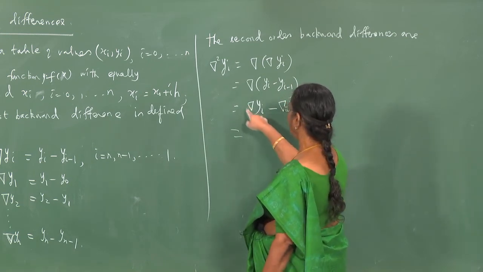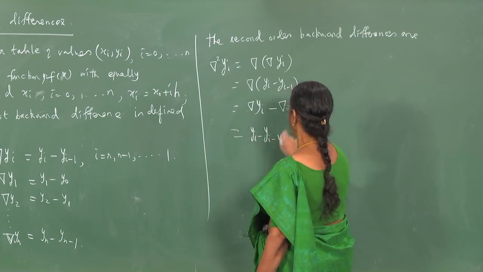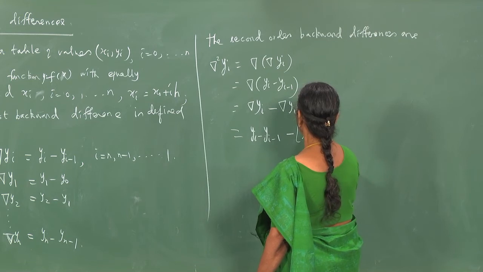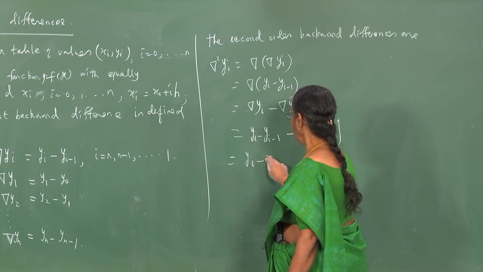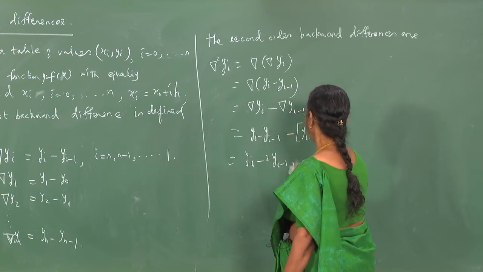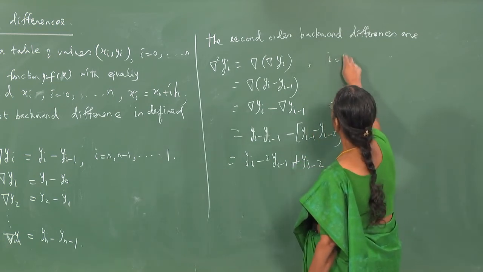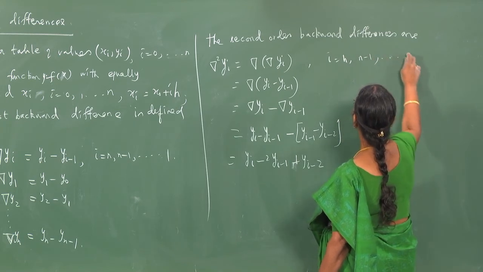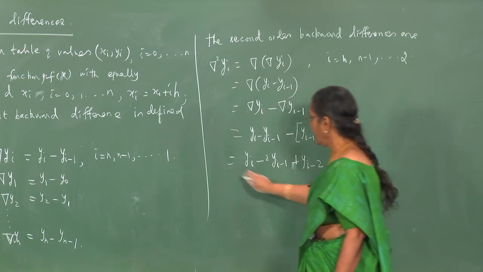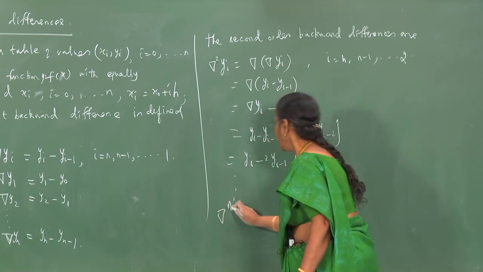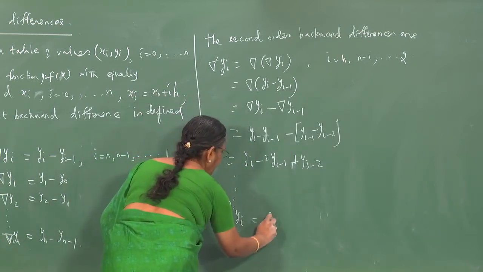What does the operator delta do when it operates on yi? It gives yi minus yi minus 1, and this is yi minus 1 minus yi minus 2. So, this is yi minus 2 yi minus 1 plus yi minus 2, and this is valid for i is equal to n, n minus 1 etc. up to 2. So, similarly, you can obtain the differences delta to the n on yi.